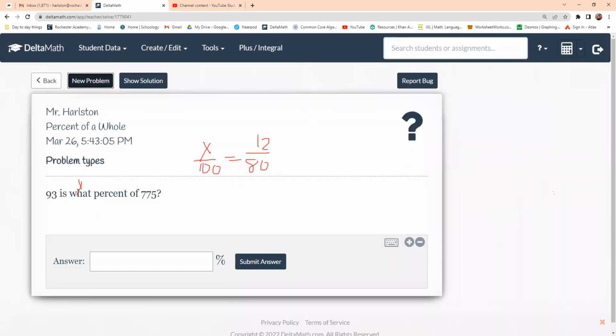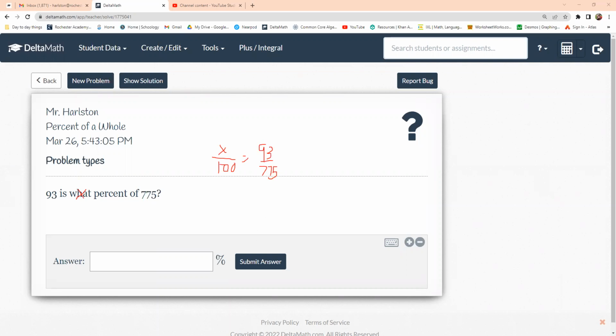All right, I'm going to do one more. Let me clear all the drawings. Now this one is x percent of 775, so the of is 775, and the is 93.